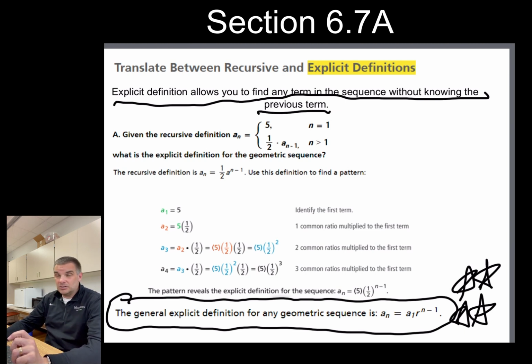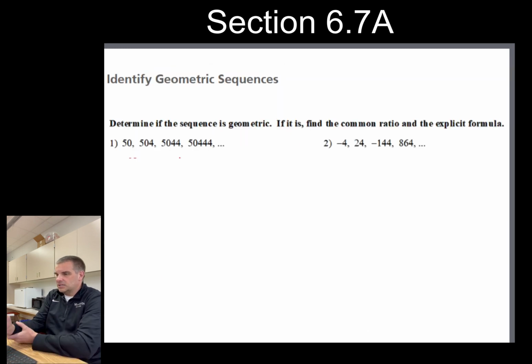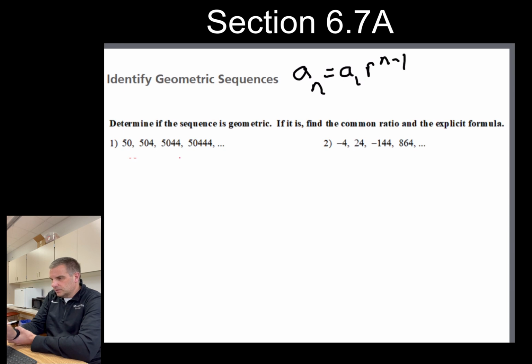That's going to allow us to do lots of different things as far as writing things down. So let's look at some examples of using the explicit formula. And again, I'm going to write that explicit formula down: a of n is equal to a of 1 times our ratio to the n minus 1.